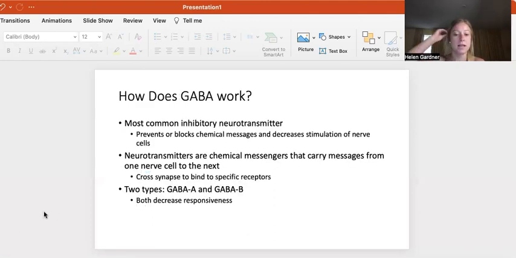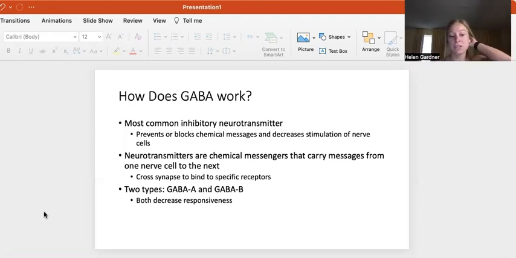And then this slide is about how GABA works. GABA is the most common inhibitory neurotransmitter in our central nervous system, like I said in the previous slide, but that's important. Inhibitory neurotransmitters prevent or block chemical messages and decrease the stimulation of nerve cells in our brain. Neurotransmitters all generally work in the same way. They are chemical messengers that carry messages from one nerve cell in our brain to the next.